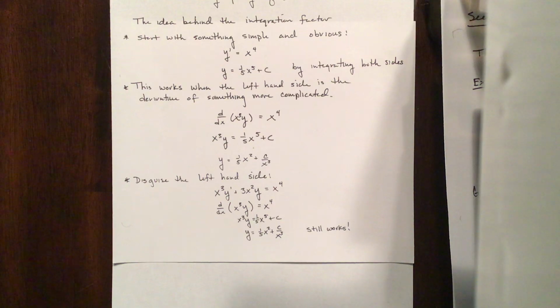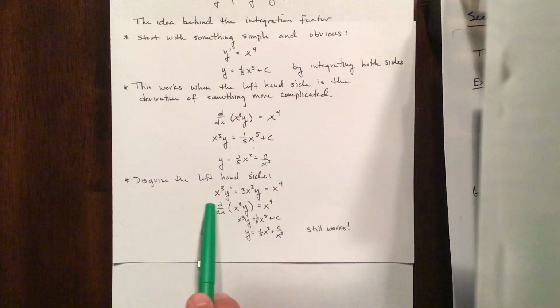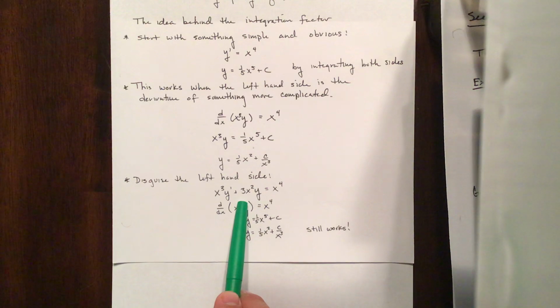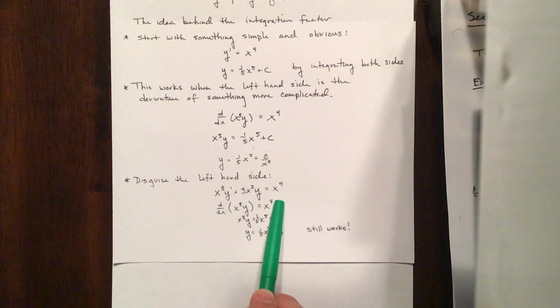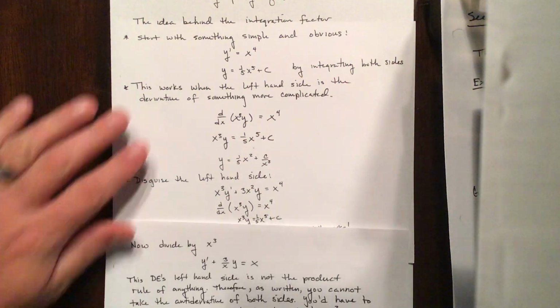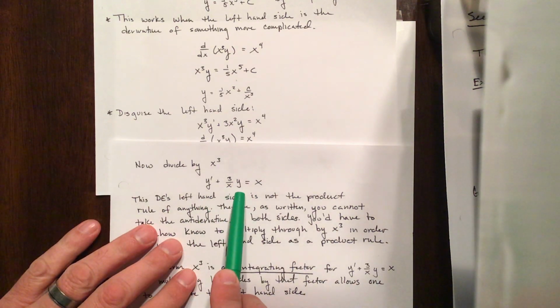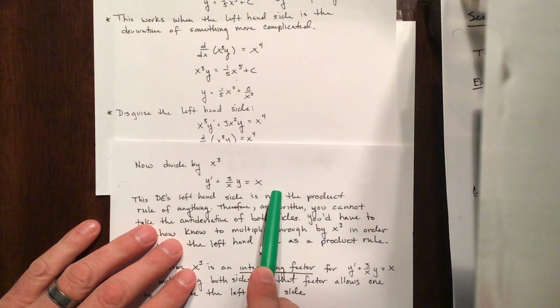Take this one more step. Start with this thing that we somehow saw was the derivative of x cubed y, and we integrated both sides. Let's instead take this and divide by x cubed through each and every term. So you'd be left with y prime plus 3 over x times y equals x.